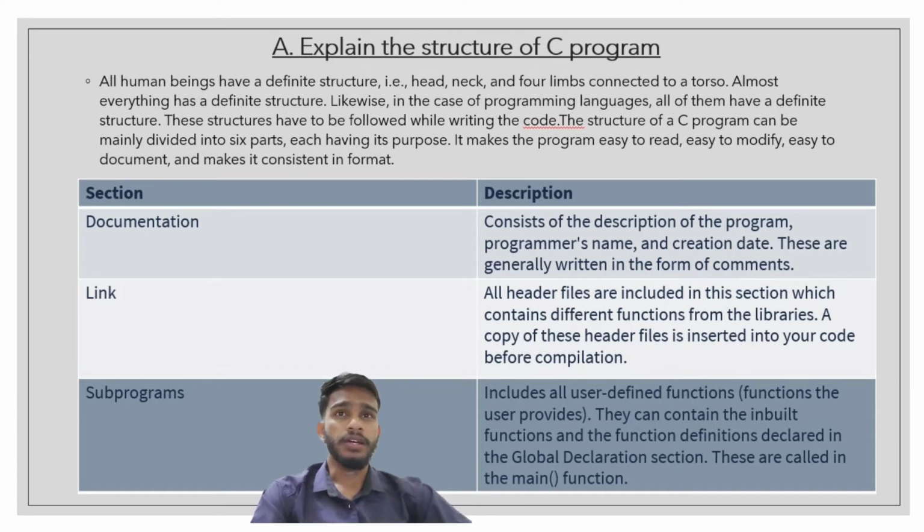Okay, so the first one is documentation. The documentation consists of the description of the program, programmer's name and creation date. Those are generally written in the form of comments. The second one is link.